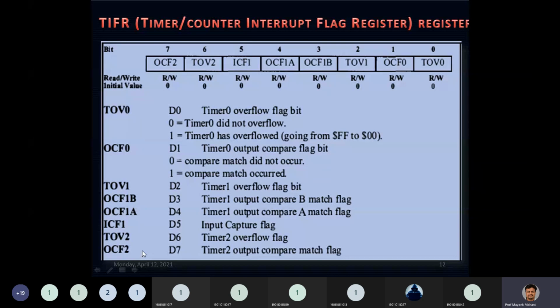These are the flags associated with your timers. All the timer flags are included in the TIFR register. Whether it is timer 0, timer 1 or timer 2, all the flags associated with your timers are accommodated in one register, TIFR, the timer counter interrupt flag register.